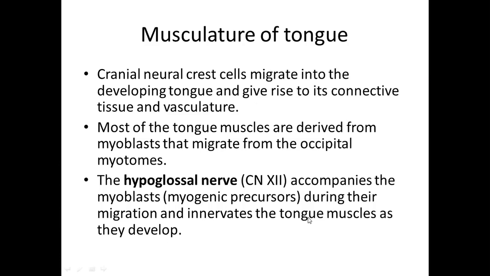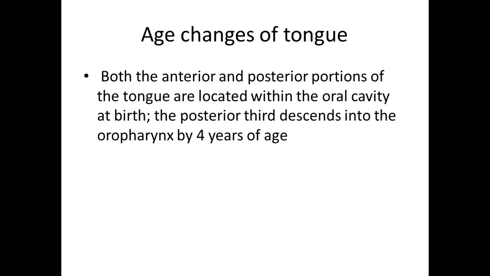That is supplied by the pharyngeal plexus. There are different age changes in the tongue. In the newborn baby, both the oral and the pharyngeal parts are situated in the oral cavity. It is only by 4 years of age that the posterior third will descend into the oropharynx.